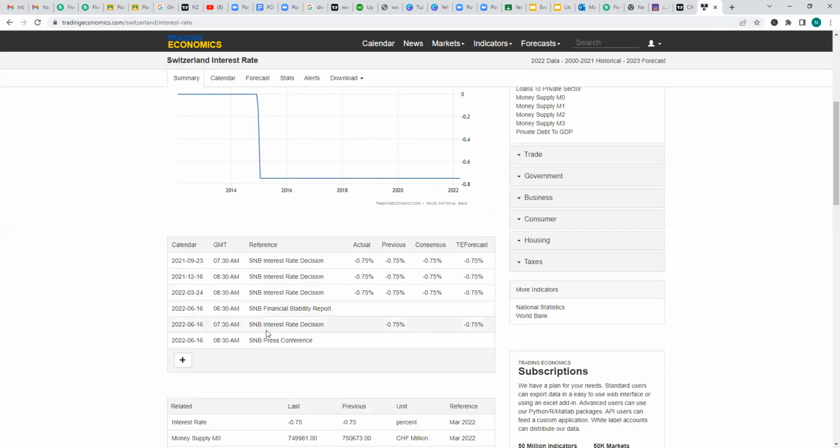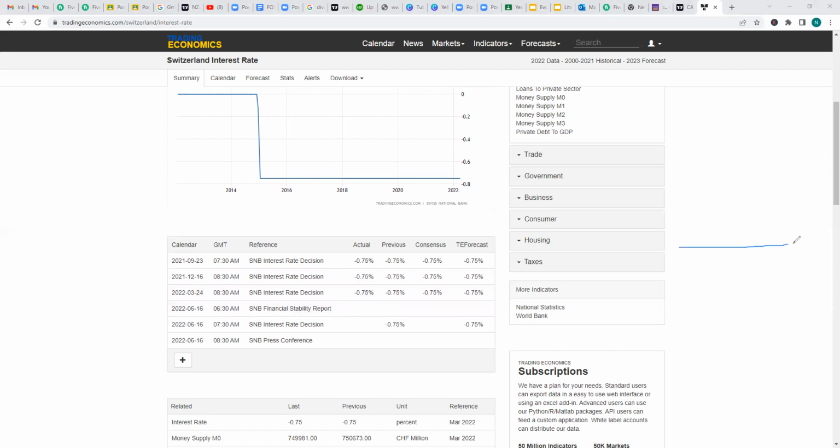The last one released, the actual, is what you check: minus 0.75. Do you now see the difference in the rate between CHF and CAD? CAD has an interest rate of 1%, and CHF has an interest rate of minus 0.75%.